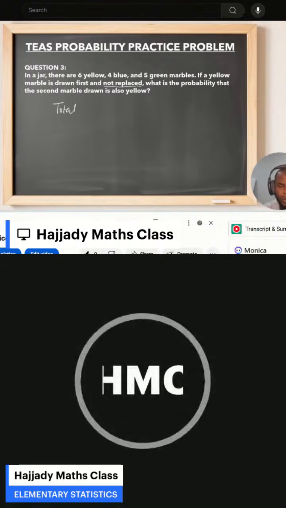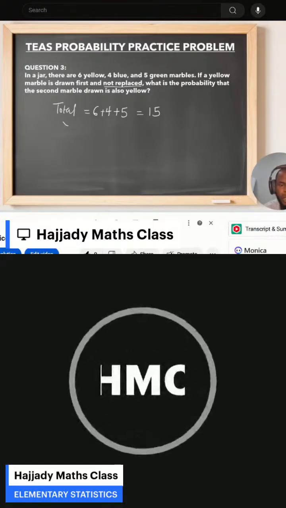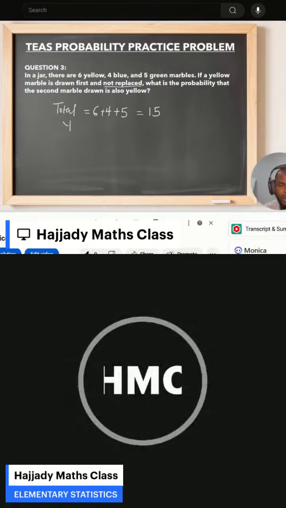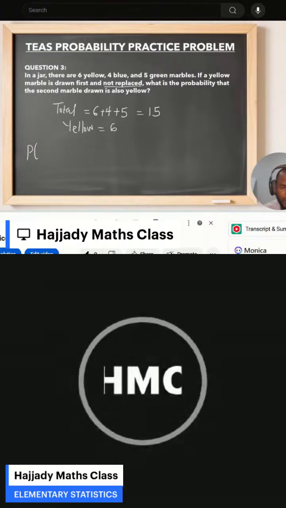The total marbles we have is 6 yellow plus 4 blue plus 5 green marbles. In total, we have 15 marbles. And here we have the number of yellow. We have 6.